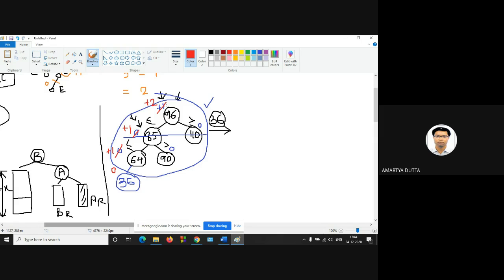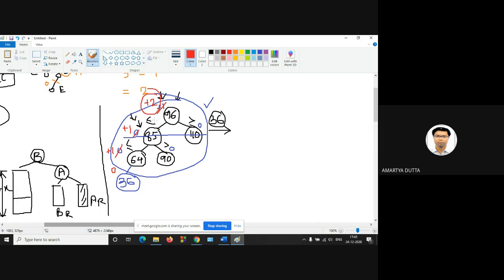Then you have to choose the first node, the one nearest to the leaf. Now here at position 96, the balance factor is violated. This is plus 2.